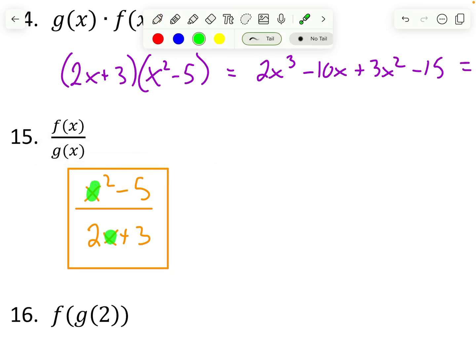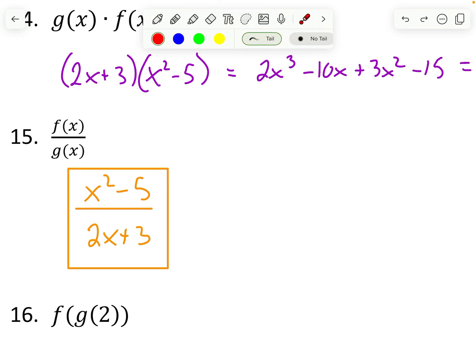So like you can't cancel an x and an x because it's not x times the whole thing up here. It's not another x times everything down here. What I mean is if we had this whole thing times x and this whole thing times x, now these x's would be able to cancel. But in this case, we don't have multiplication like that.